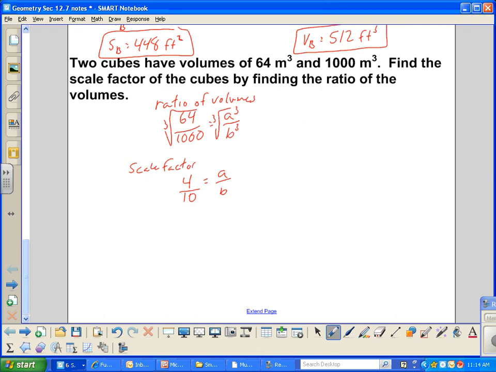Which basically, going from the ratio of the volumes to the ratio that we have right now, would tell us what the lengths of all the sides were on the cube. All right. But then for an actual scale factor, we want to reduce the fraction. So 4/10 reduced would be 2/5. So that's our scale factor there.